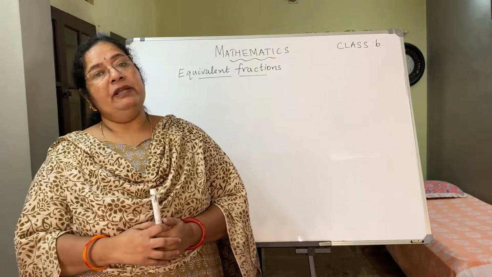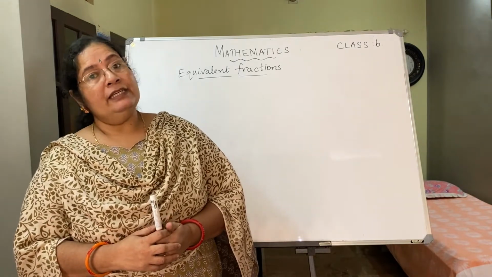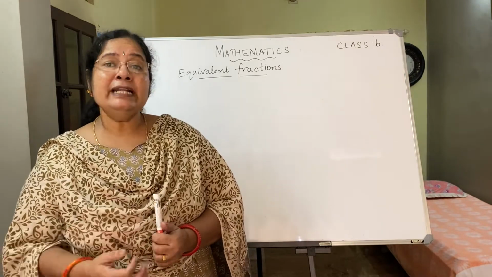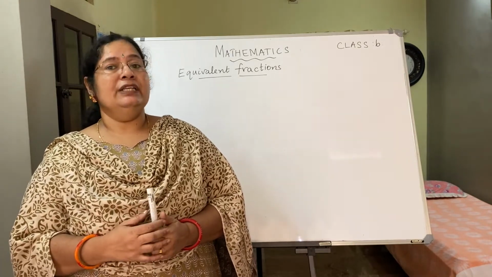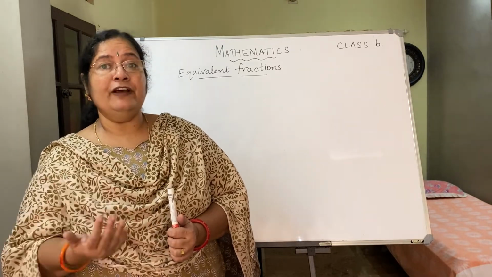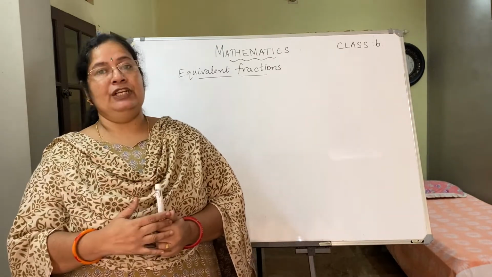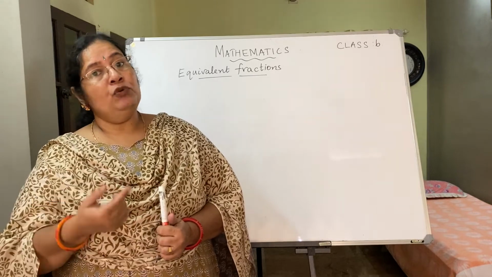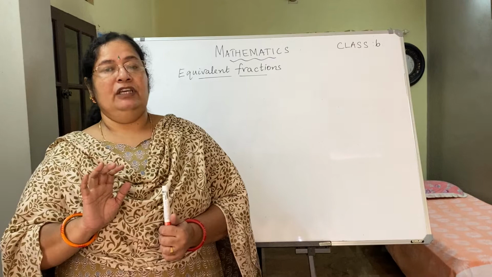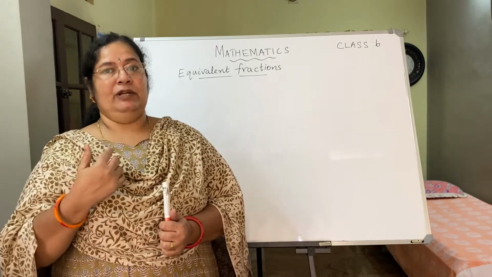Now, today we will be learning to find an equivalent fraction of a given fraction with a condition. Condition in the sense, for a given fraction, its numerator or denominator will be given for us. We only have to find the other one.